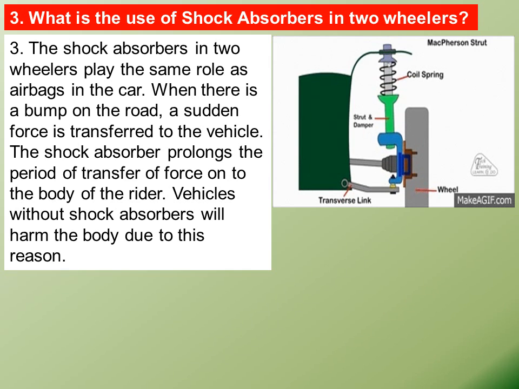The shock absorber prolongs the period of transfer of force onto the body of the rider. Vehicles without shock absorbers will harm the body for this reason. You can see the shock absorber here, it's a transverse link.